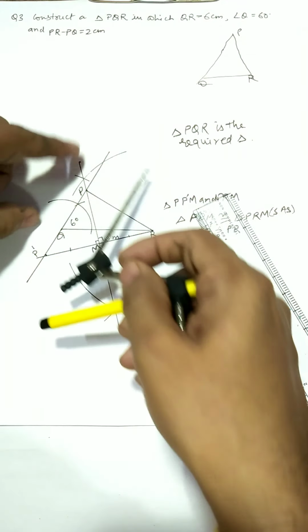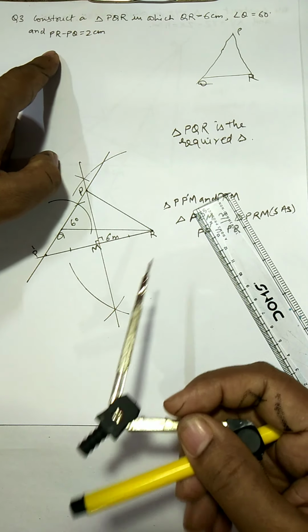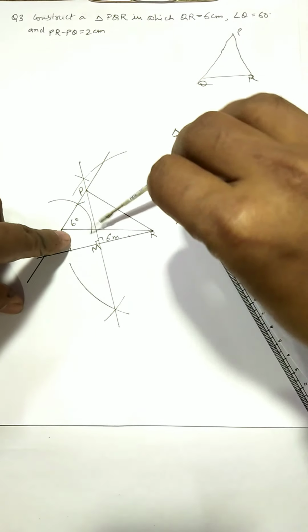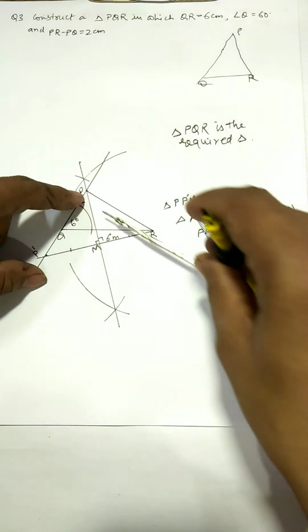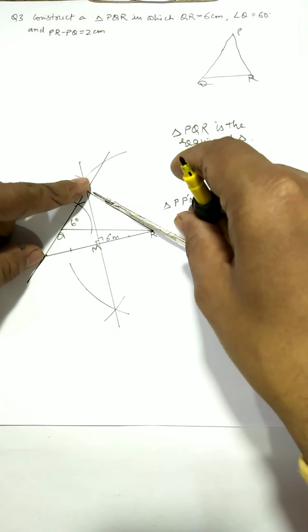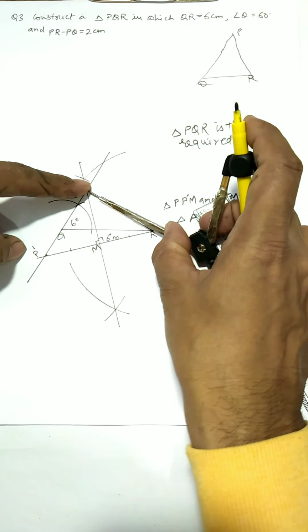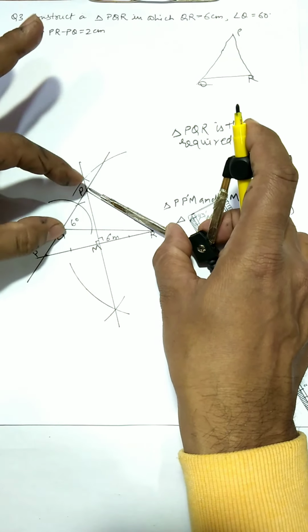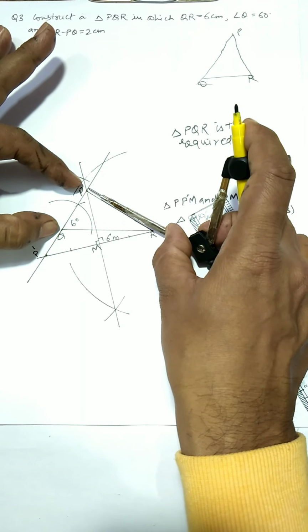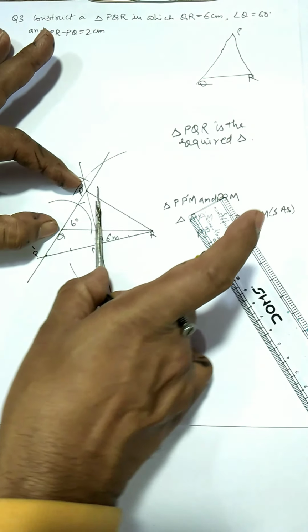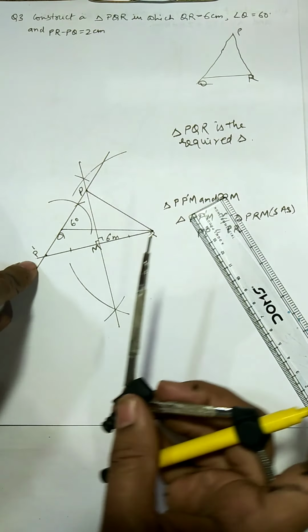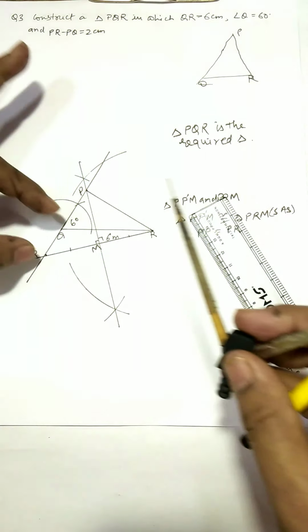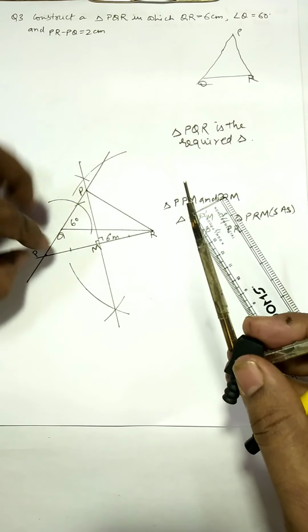Otherwise, in the previous case when PR was smaller, that difference was coming on the top side, but the difference here will be coming down. Reason is very clear, you see this PR is bigger and this PQ is smaller, that we already discussed. It will come, if you overlap this thing this way, then this will come down to Q. That's why we have drawn this QP dash down.